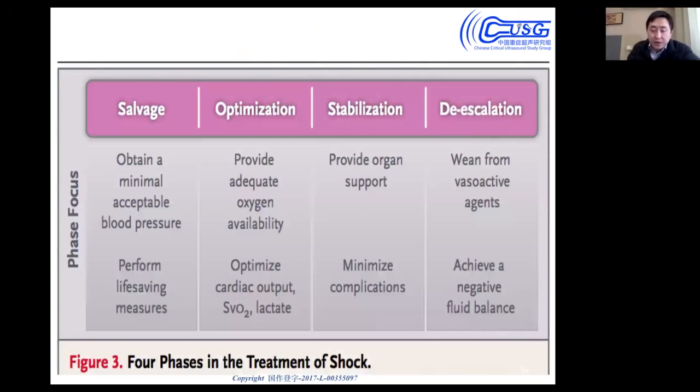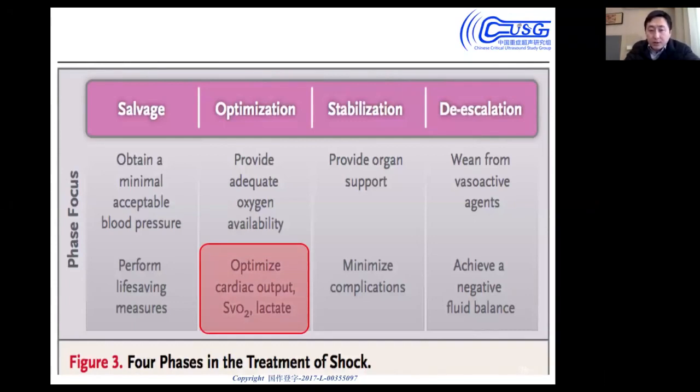When we face a patient in shock, we'll talk about how we treat the shock patient. Dr. Vincent and other colleagues gave us 4 phases in the treatment of shock. They divide the course of shock into the salvage phase, optimization phase, stabilization phase, and de-escalation phase.